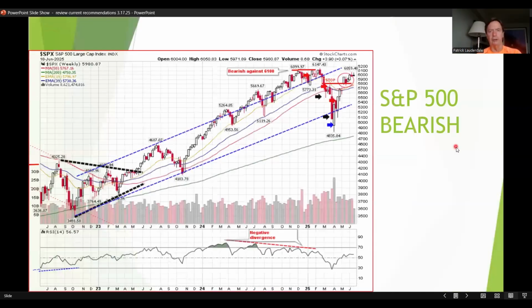So this is a weekly chart of the S&P 500. Each one of these bars or candlesticks equals a week of price action. So coming into 2025, starting in April of 2024, all the higher highs gave us lower highs on our relative strength index.